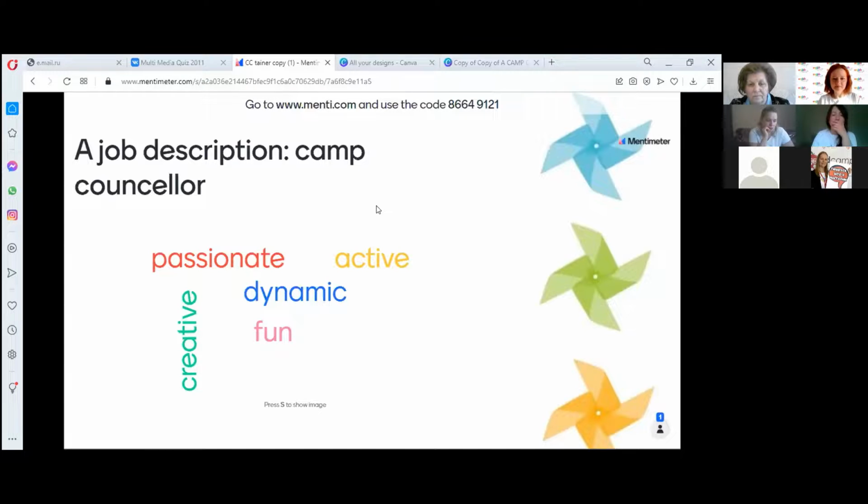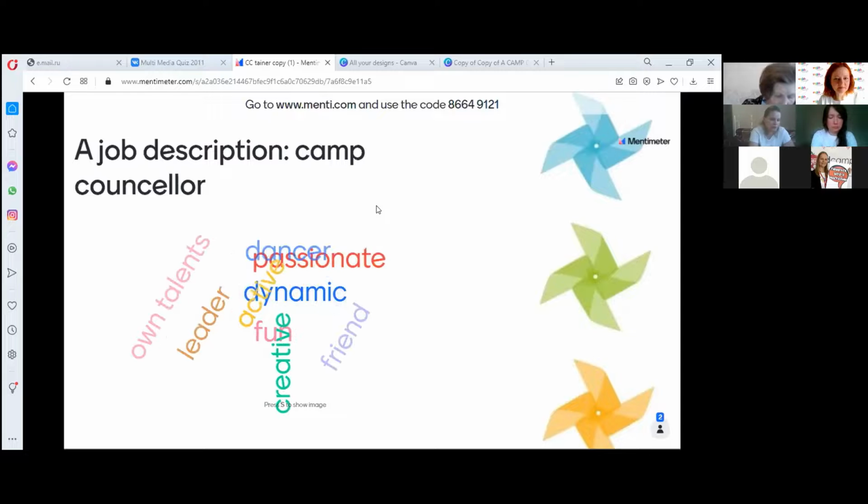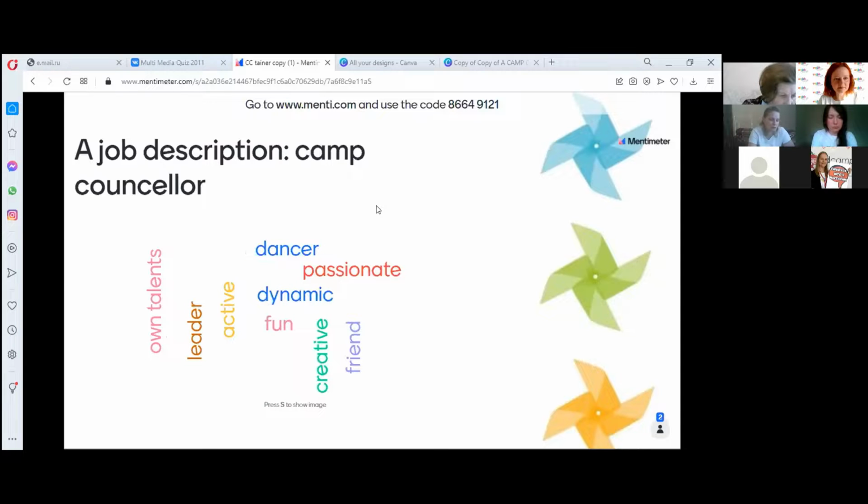So think about duties, or maybe about the personality of a camp counselor. Oh yeah, I see: own talents, leader, active, friend.